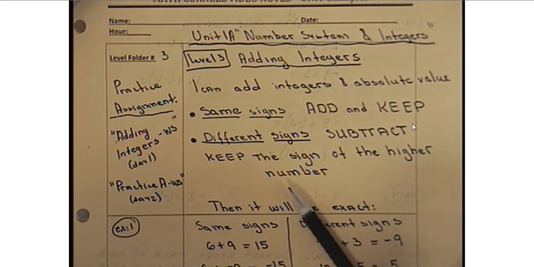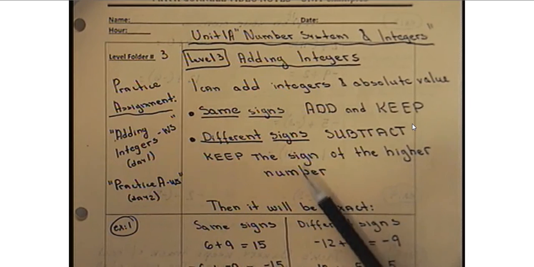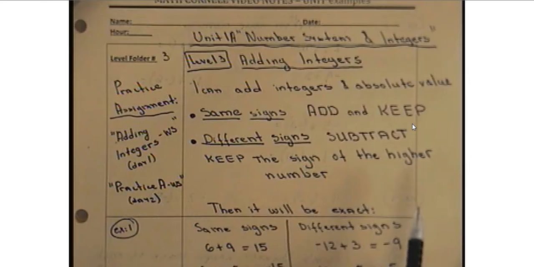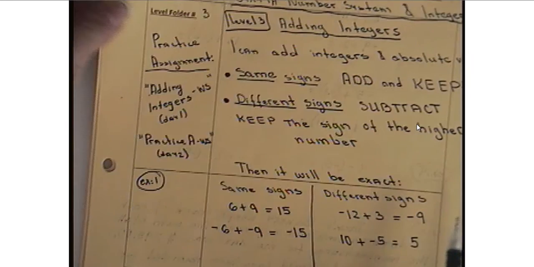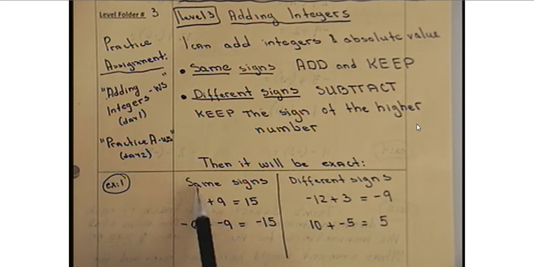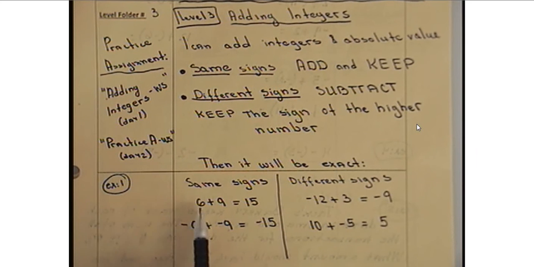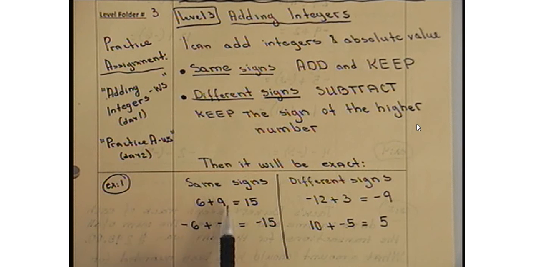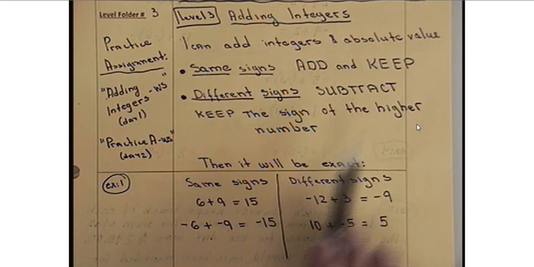Alright, seeing those rules, keep them in mind and let's do some examples and we'll figure out how to get the answers. So, let's take a look at that. This example corresponds to the very first rule. Same signs, we have two positive numbers, we add the numbers, 6 and 9 are 15, and we keep the sign.